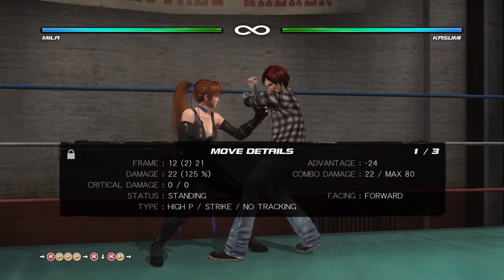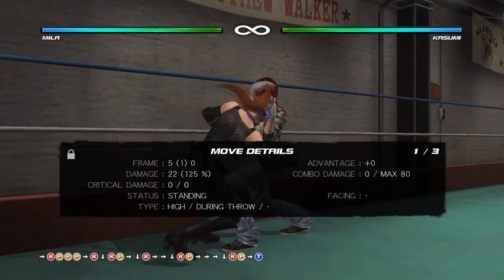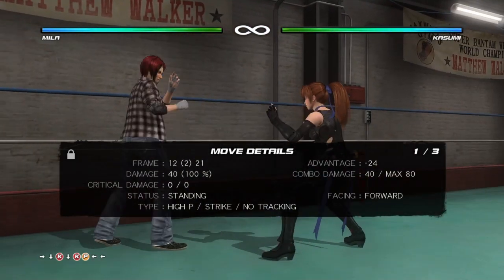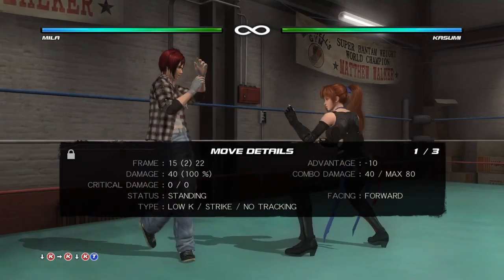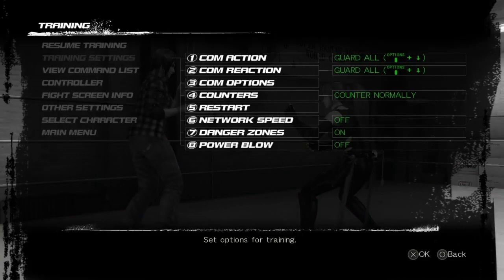This one has follow-ups too. Interesting. Which means you can potentially frame trap them. Does she have anything else after that? Let's have a look.